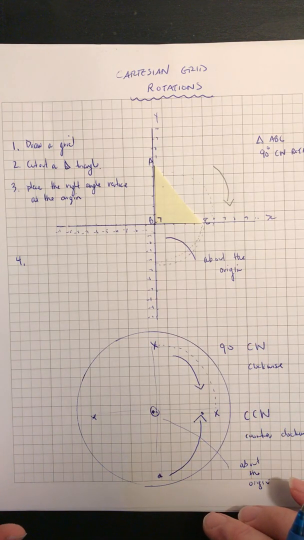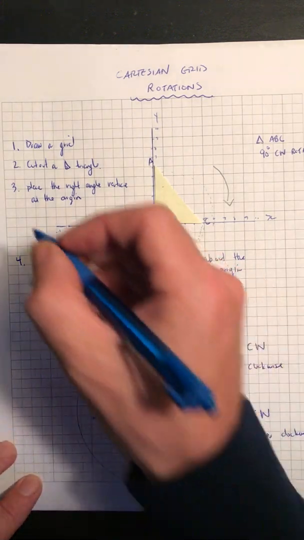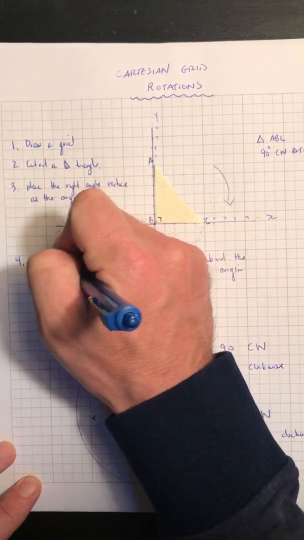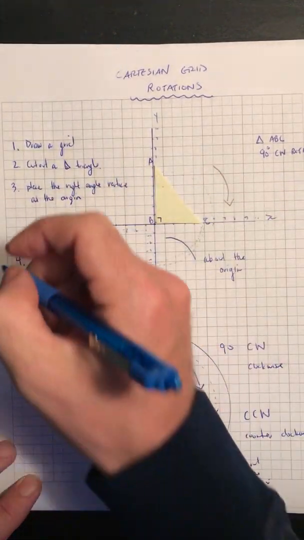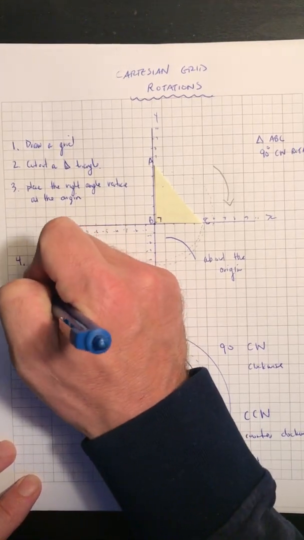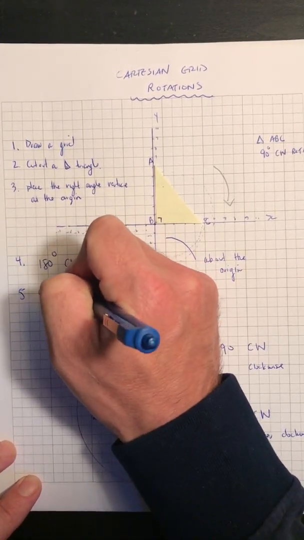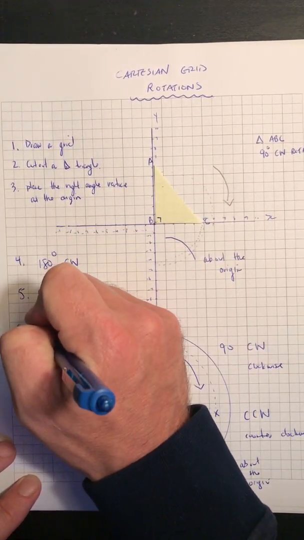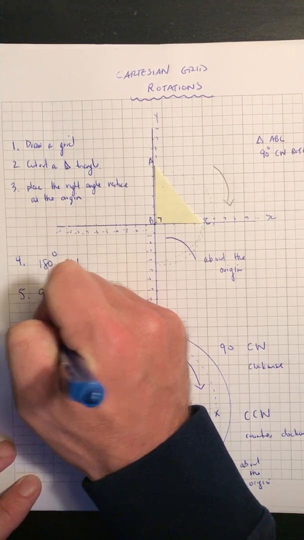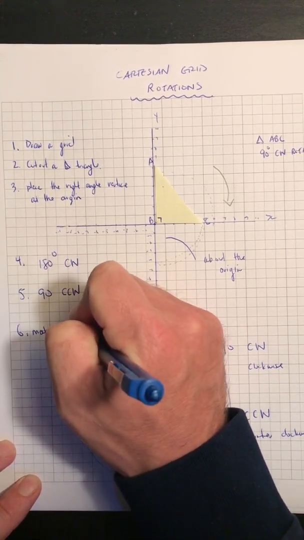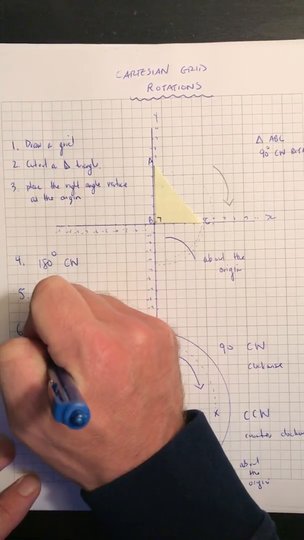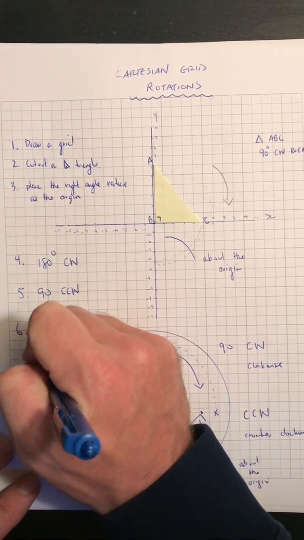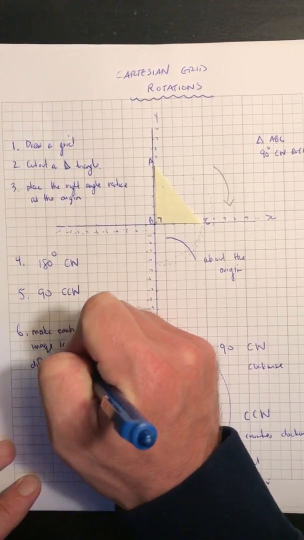You can do a 180 degree clockwise rotation, and then a 90 degree counterclockwise rotation, and then make each new image in a different color.